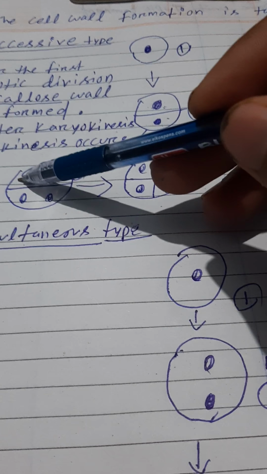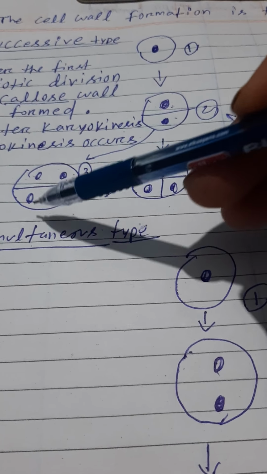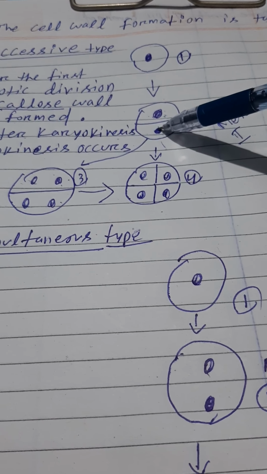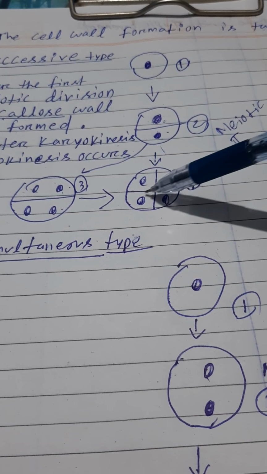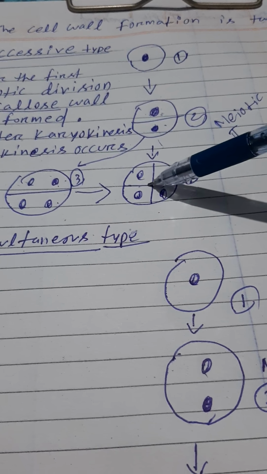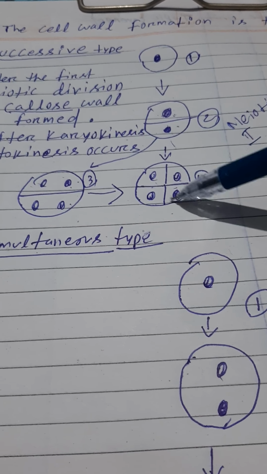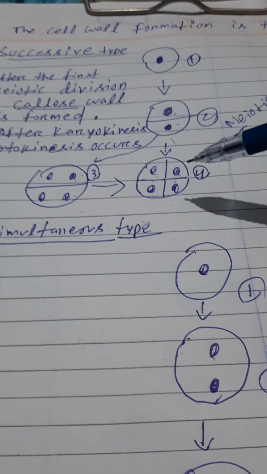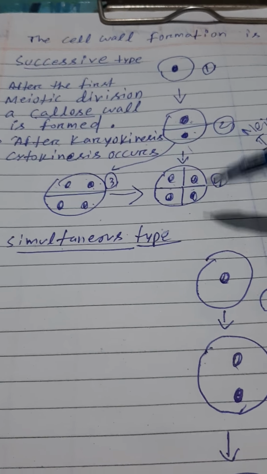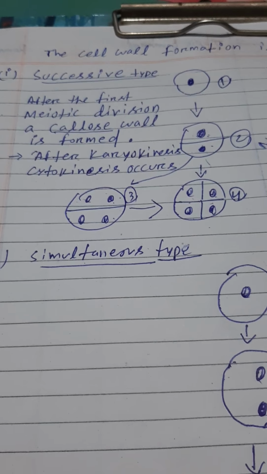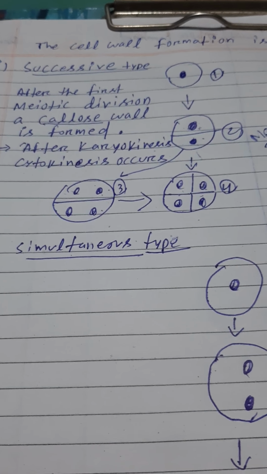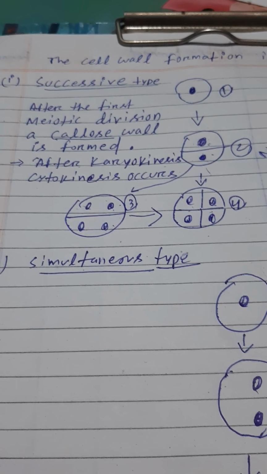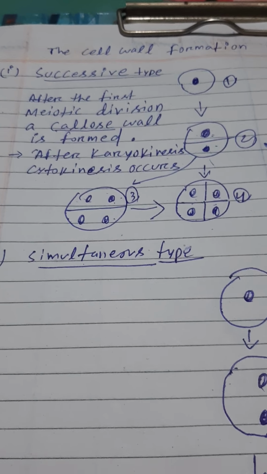So you can find two nuclei here, then another two for this nucleus, then ultimately cytokinesis happens. So finally 4 microspores get formed, and here you can see all the microspores are aggregated, they are not separated. So what is the successive type? The final conclusion of the successive type is that after karyokinesis, cytokinesis occurs.